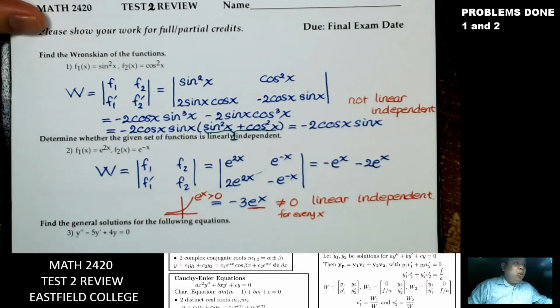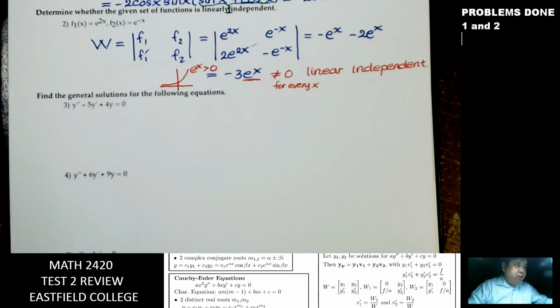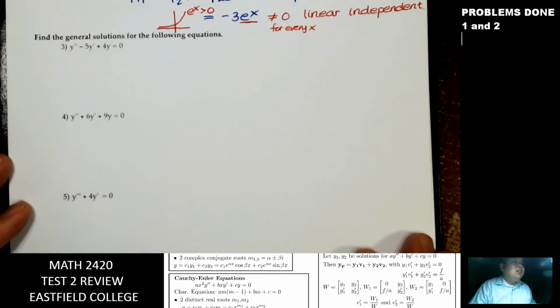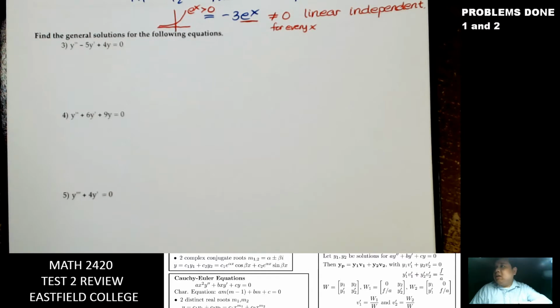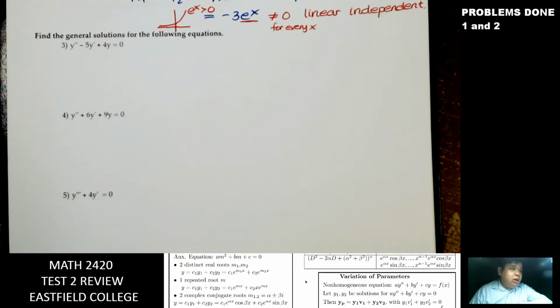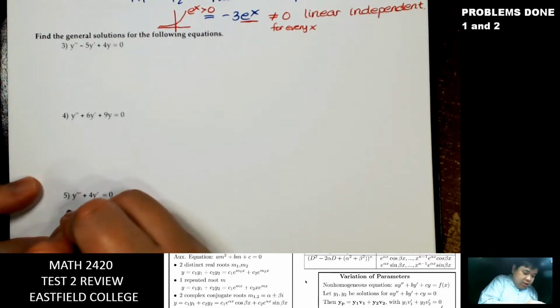Next, we have the set of questions 3, 4, 5. I just pick number 5. This is a homogeneous equation because it is equal to 0 and we have constant coefficients. So from this we just write the auxiliary equation.